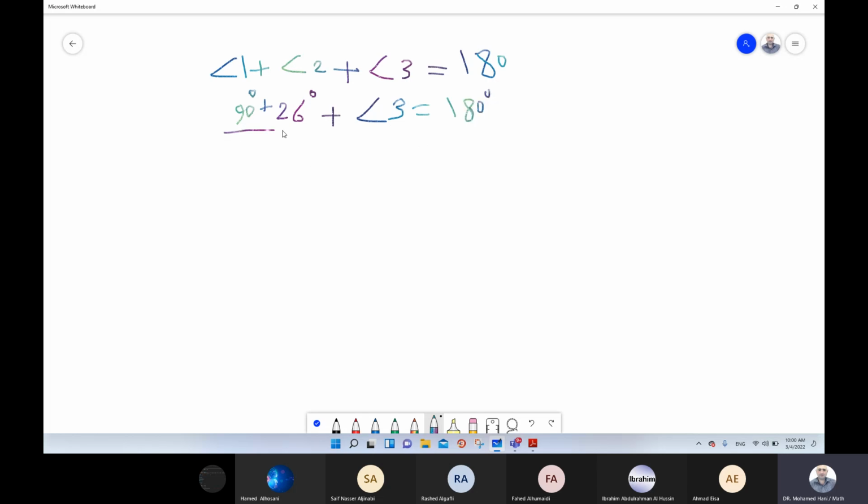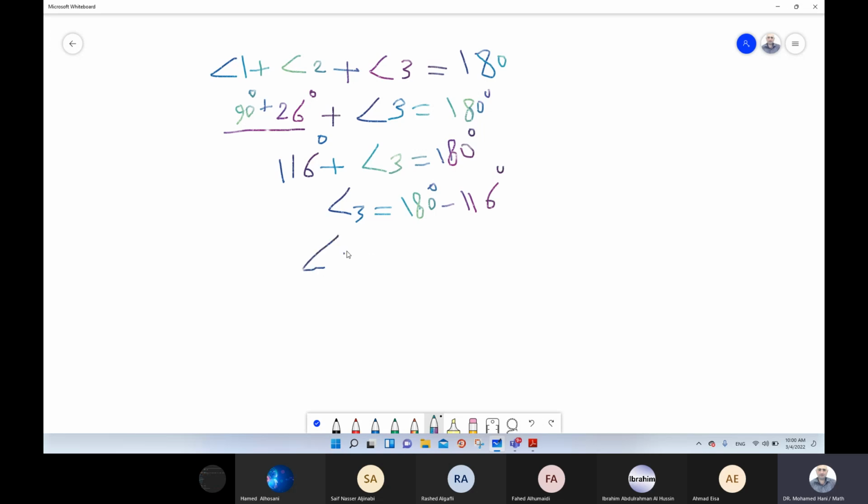Add the like terms. 90 plus 26 will be 116, plus angle 3 equals 180. Then remove 116 from this side. You can't directly take it to the second side. So angle 3 equals 180 minus 116.